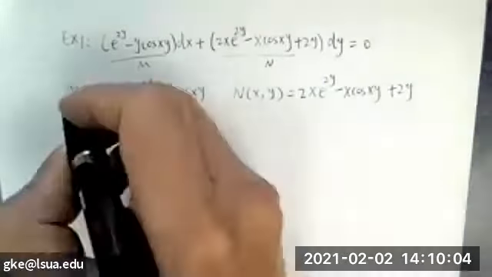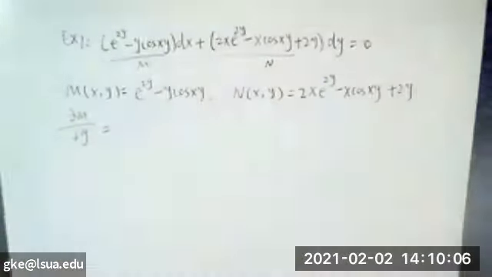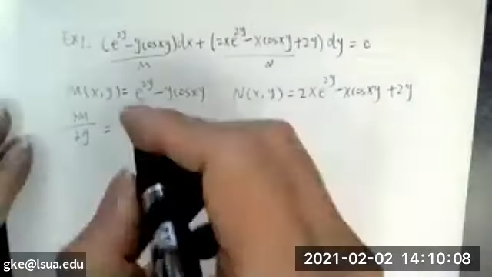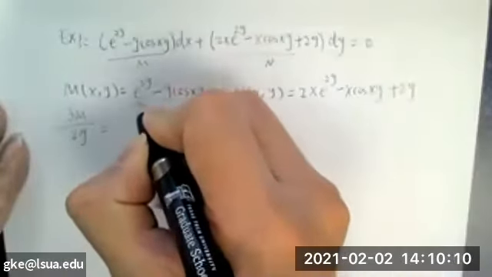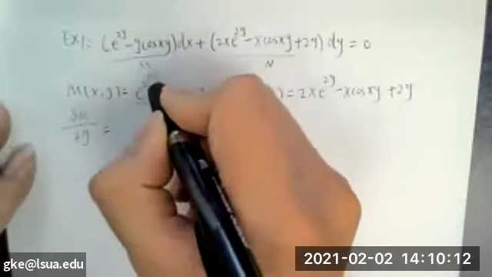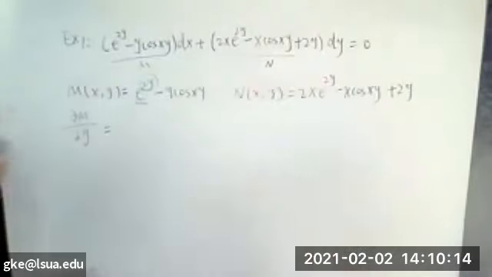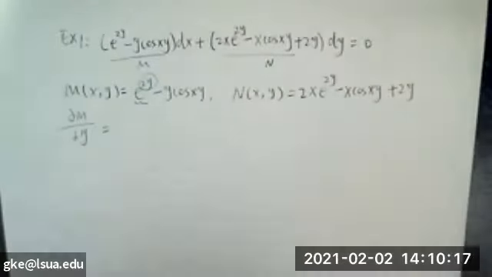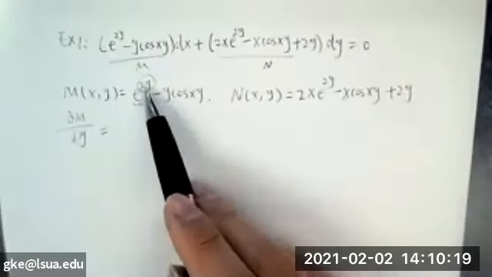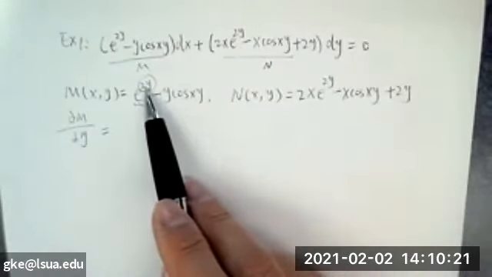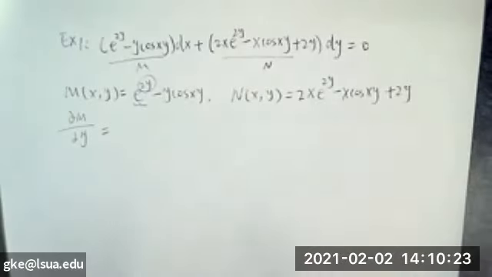Okay, partial M over partial y. We have the derivative of this, which is going to be a composite function with respect to y, right?